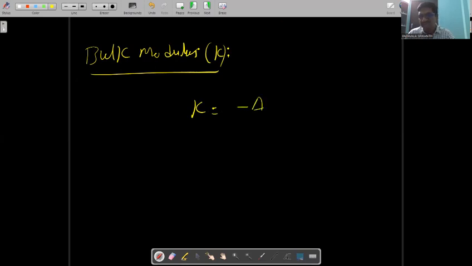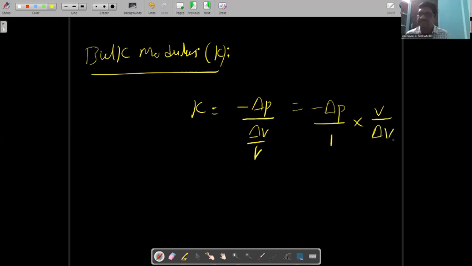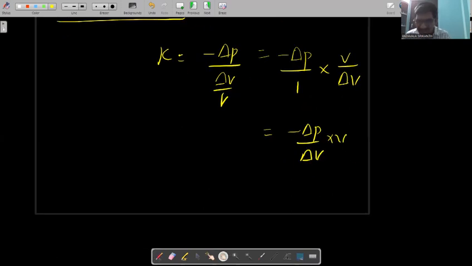I'm saying it as change in the pressure by volumetric strain. Net pressure change or total pressure acting on the body by volumetric strain. Therefore, I can rearrange the terms like this for convenience. So if you write like this, K is equal to delta P by delta V into V. What is the value of delta P by delta V? Nothing but the slope of the curve.